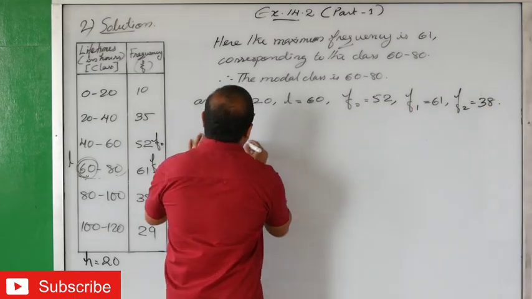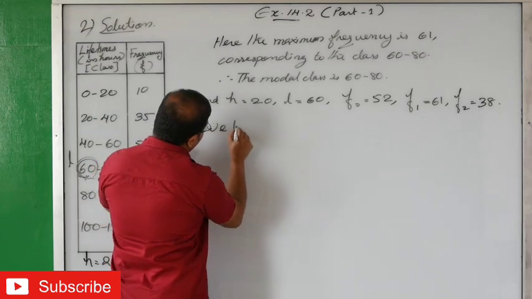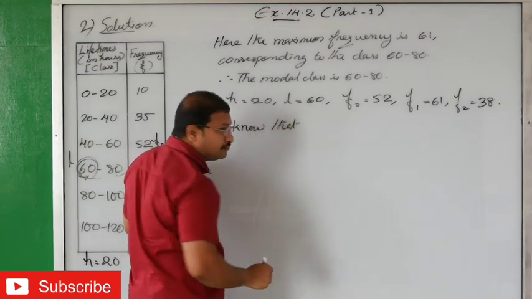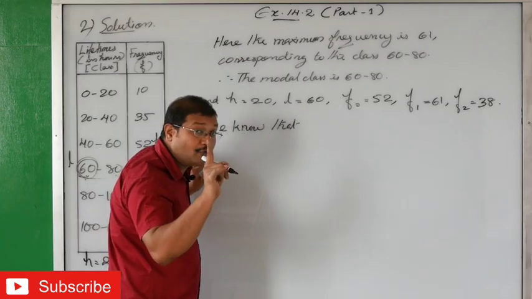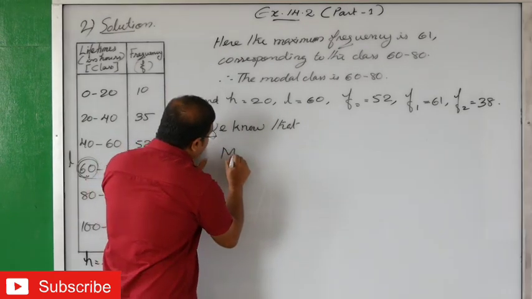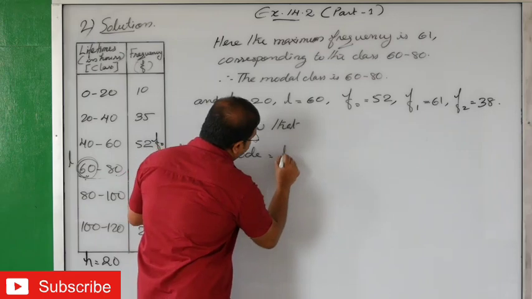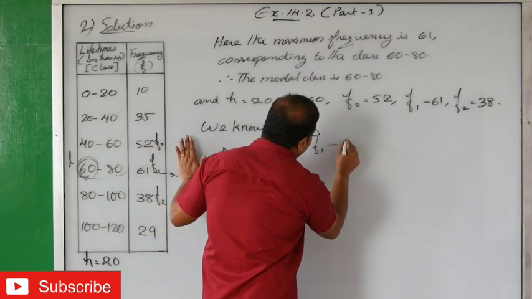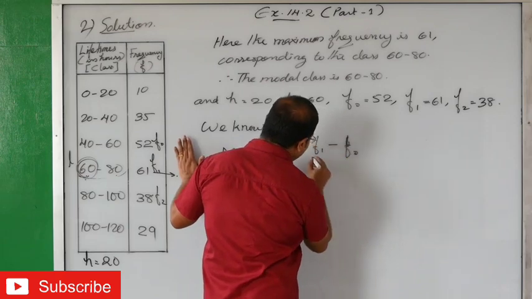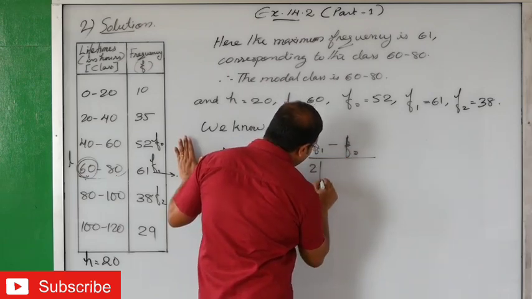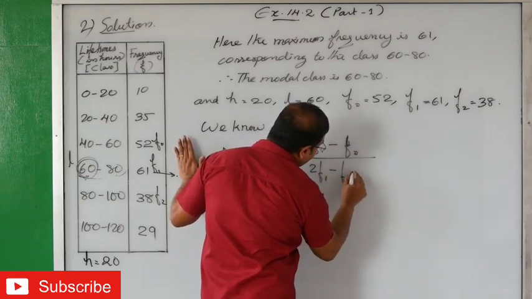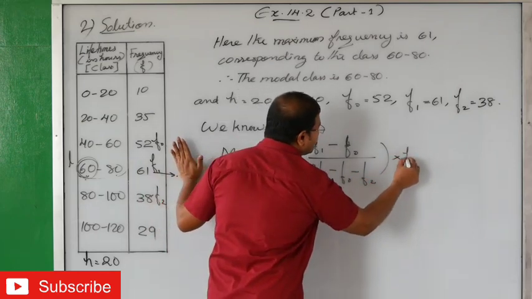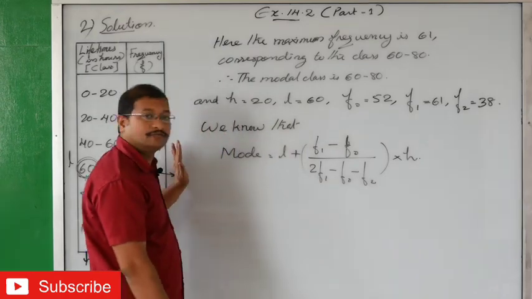Now we'll write, we know that, you already studied, don't forget. Okay, so mode equals L plus, yeah, please tell the equation: (f1 minus f0) divided by (2f1 minus f0 minus f2), into h. Ready?